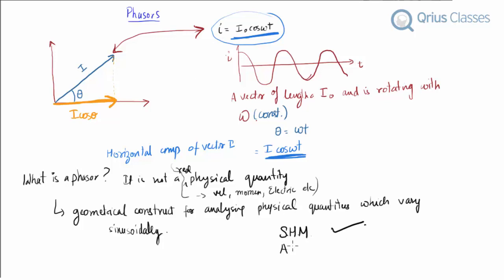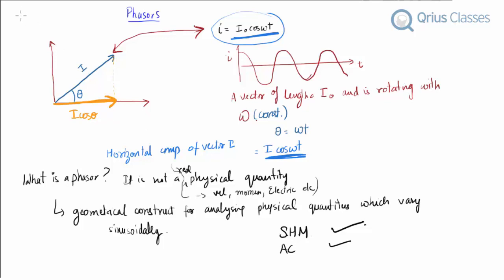In AC circuits, alternating sources, where the current or the voltage source varies sinusoidally, we can employ this. And in some other situations where we find that something varies sinusoidally, right at the point that you understand that something is varying sinusoidally, you can always analyze that situation by the use of phasors.